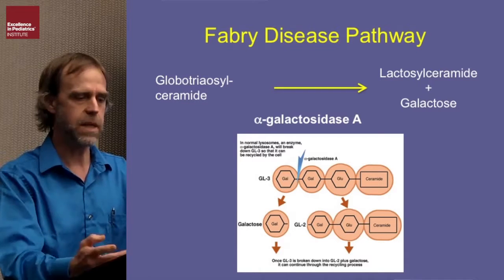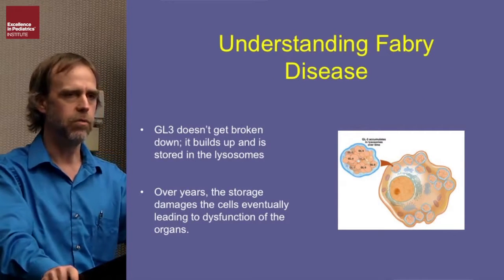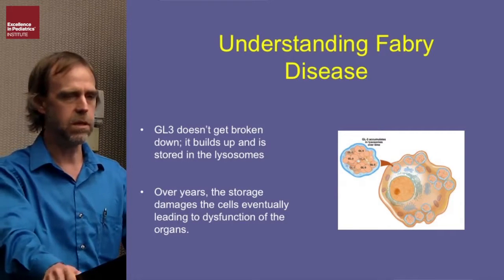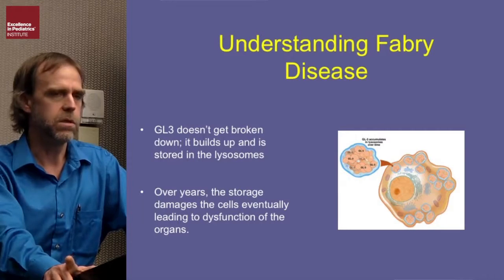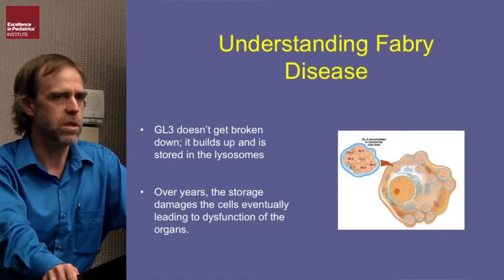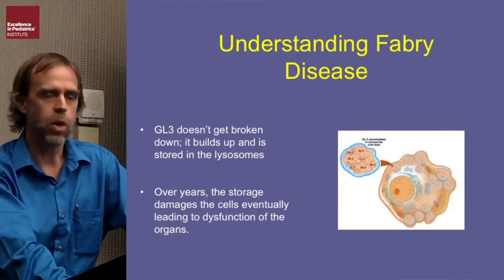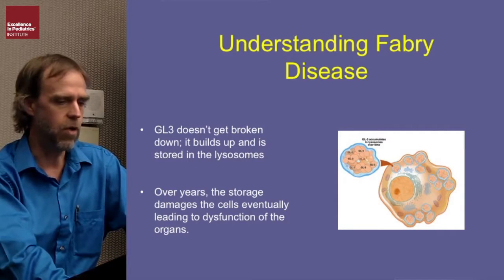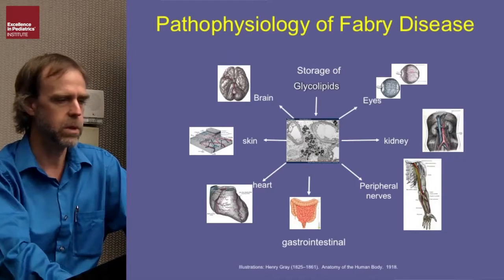And if that doesn't happen, you get buildup of that molecule in the cells, and that buildup over years eventually results in cell dysfunction, cell death, and damage to the organs that are involved. And we'll talk more about what those organs are in a moment.